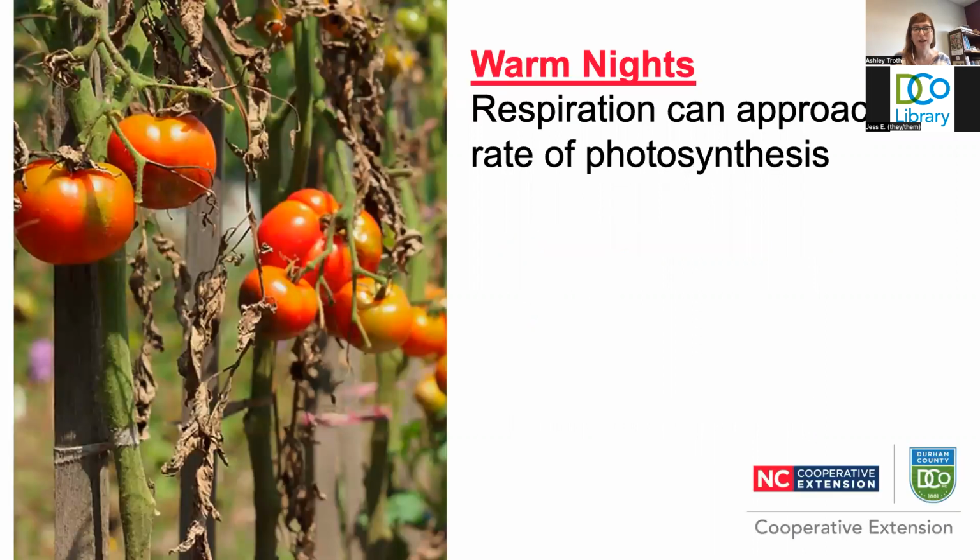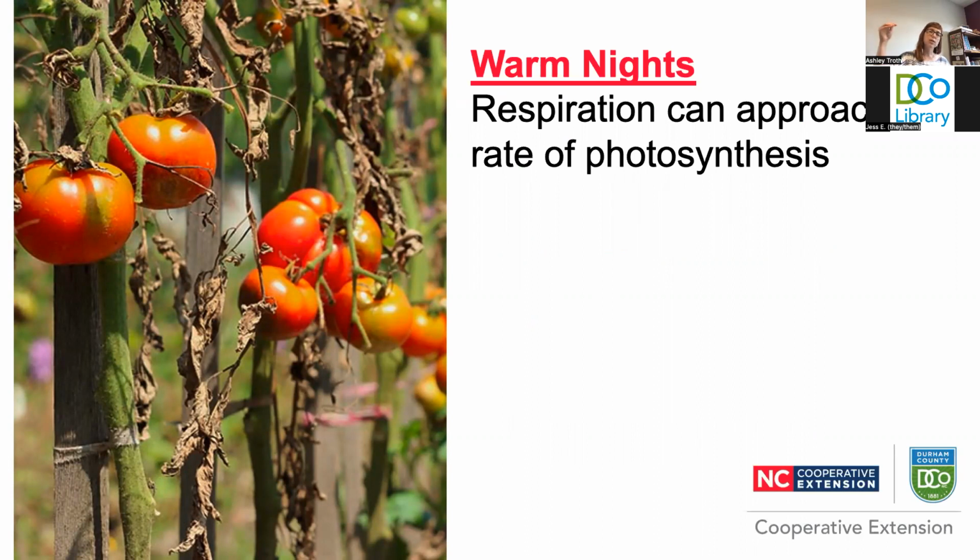This is the trick, right? So with our warm nights especially, you have respiration occurring all the time. As it gets hotter and hotter and hotter, photosynthesis shuts down because the stomata have closed to preserve water. Respiration runs faster and it runs constantly, and it can basically start outstripping photosynthesis.